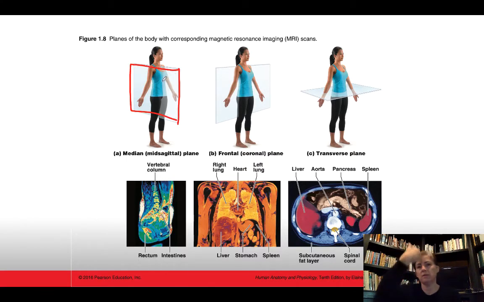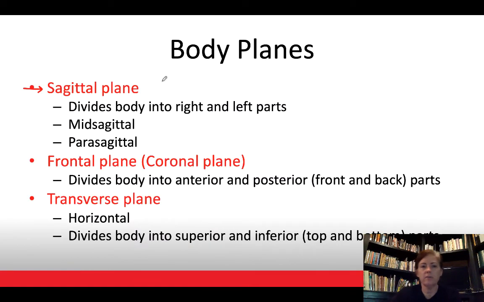So it's basically a cut through the center of the body, resulting in a left side and a right side. In some cases it's going to divide the body equally, and that's what we call a mid-sagittal plane. They're going to be equal left and right parts. Then there are other sagittal plane cuts that are called parasagittal. It means that it's off midline, and they are not equal left and right halves. So it just depends on what type of plane you're looking at.